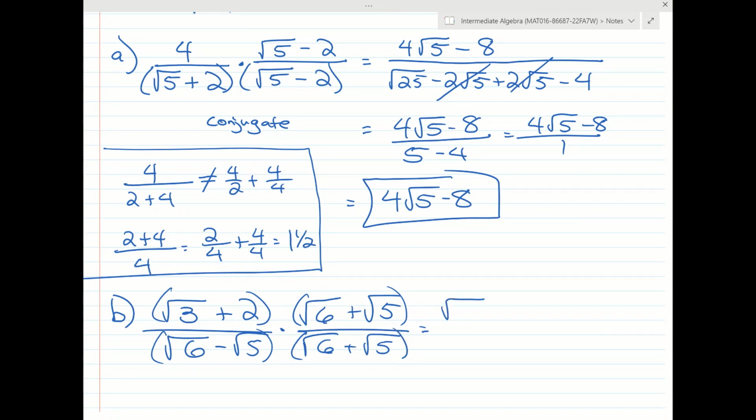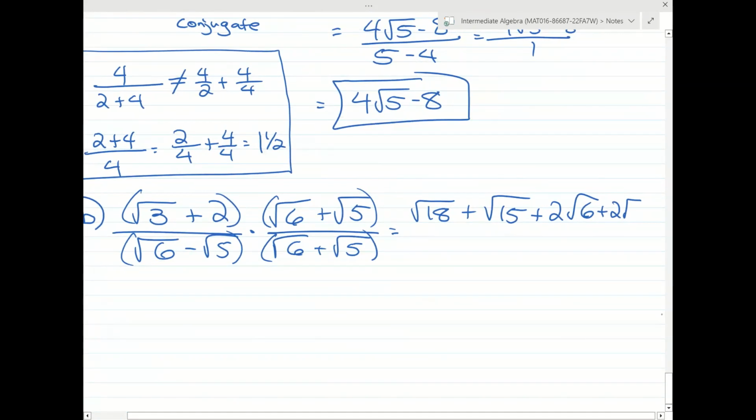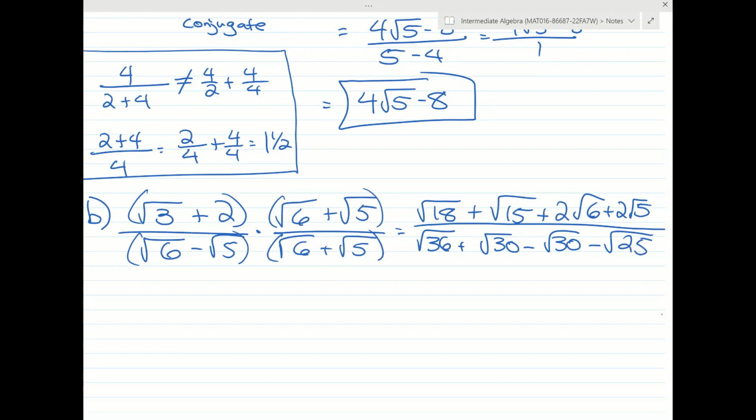The top would be the square root of 18 plus the square root of 15 plus 2 root 6 plus 2 root 5. Bottom would be the square root of 36 plus the square root of 30 minus the square root of 30 minus the square root of 25. Square root of 30 is canceled.